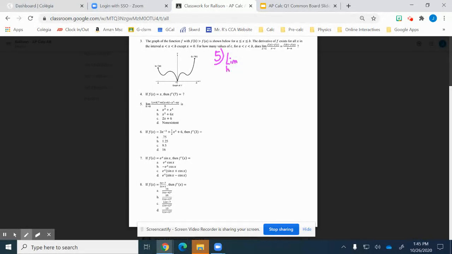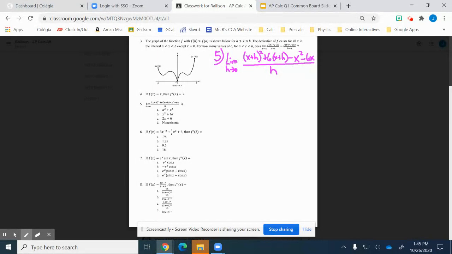It's the limit as h goes to 0 of (x plus h) squared plus 6 times (x plus h) minus x squared minus 6x, all of that over h. I know that looks a little crazy. Believe me, I do.